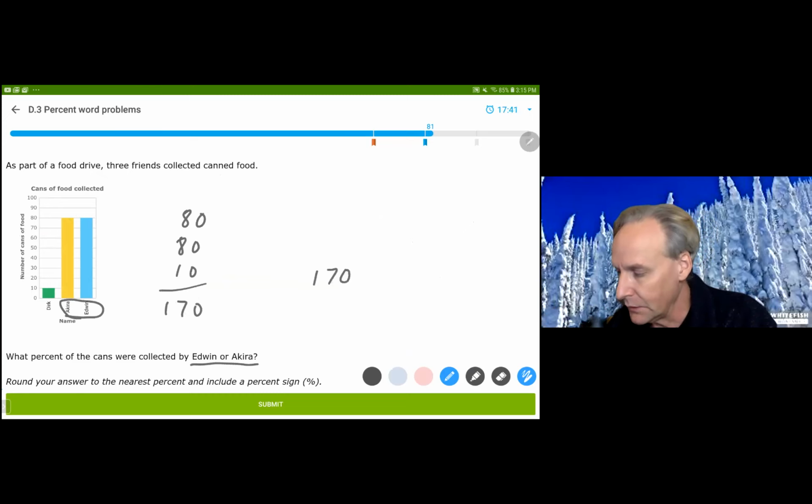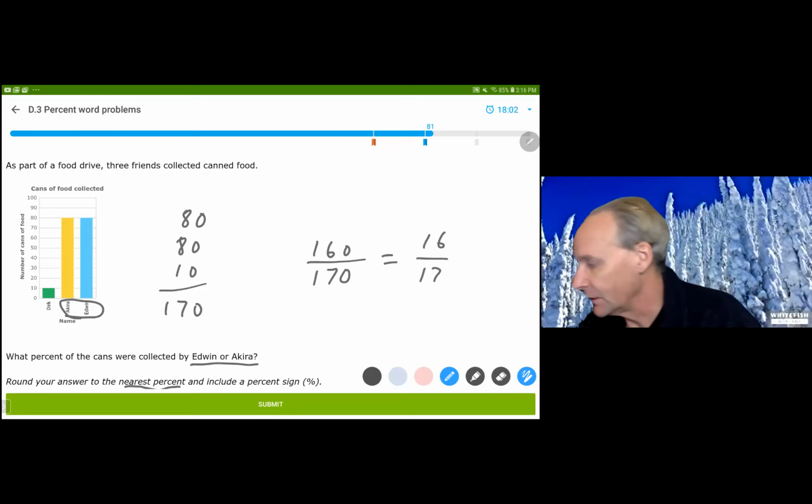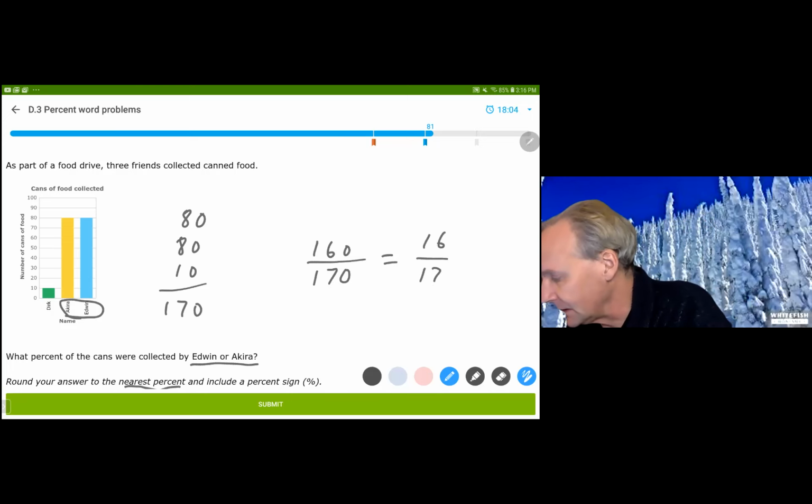And we want to know what is 160 over 170. Now, it says we want to round it to the nearest percent. Now, for this particular case, we're talking about 16 over 17, but that's not a real nice, easy number. And we're supposed to round it off to the nearest percent and put it in as a percent. So a calculator is okay in this case.